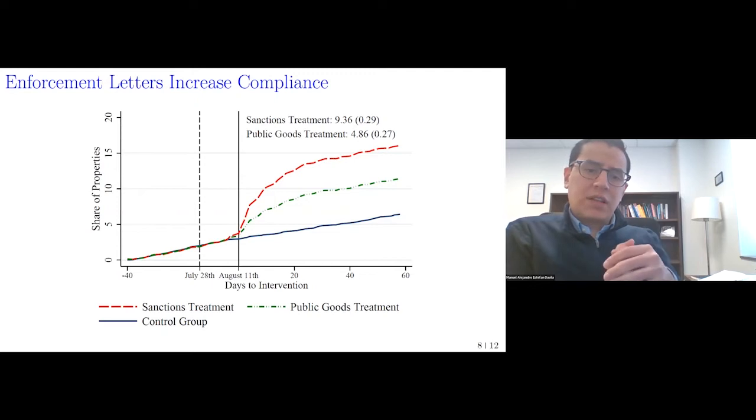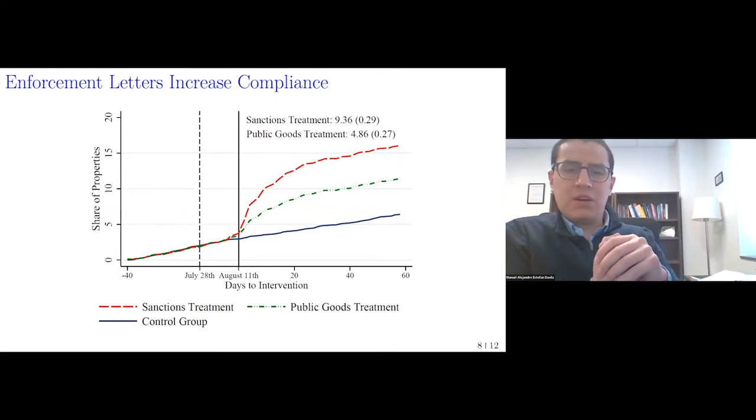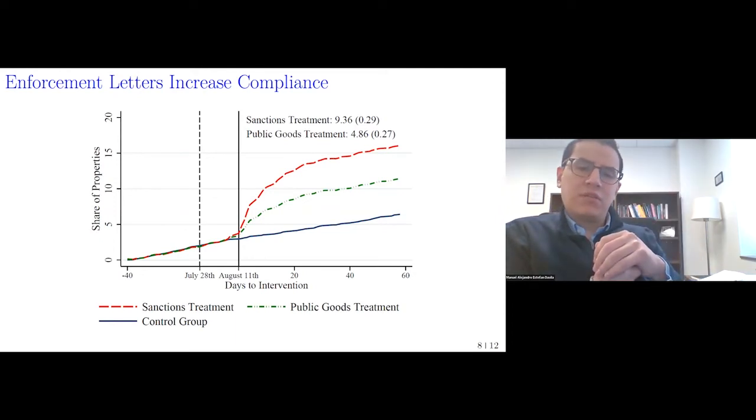The vertical dotted line represents the moment in which the government submits these letters to the taxpayers, and the vertical solid black line represents the moment of receipt of these letters.